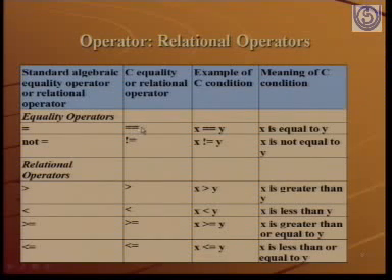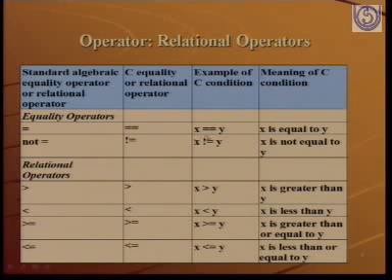This equality operator is a relational operator. If there are two variables or two values, let us say x and y, and I put here x equal to y, for equal to we use the sign of double equal. It means that if x has the same value as y, then it will return true, otherwise it will return false.